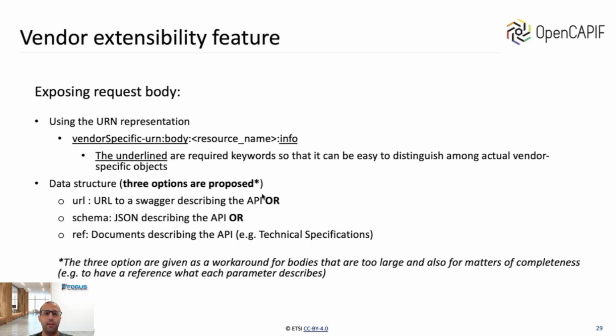How? By adding a new field with that format, vendor specific URN, body, the name of the resource, and the keyword info.